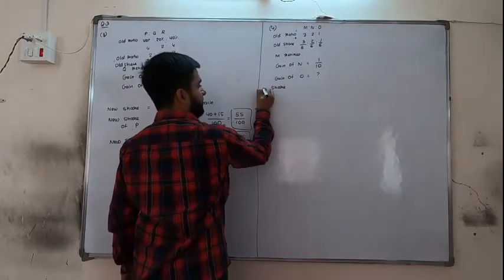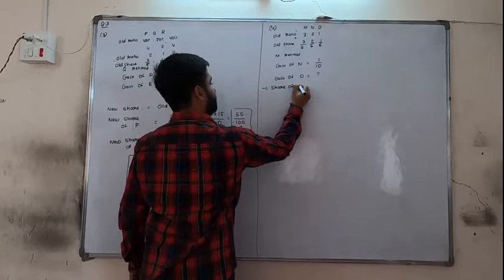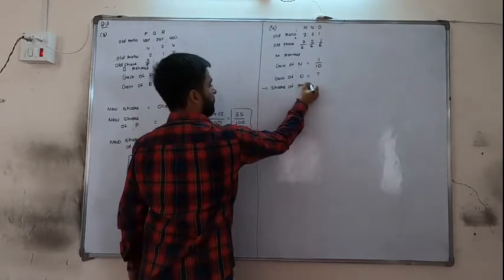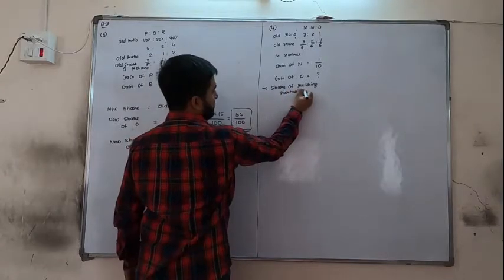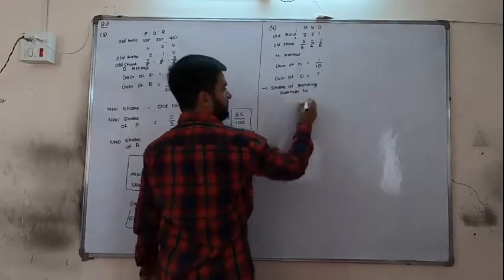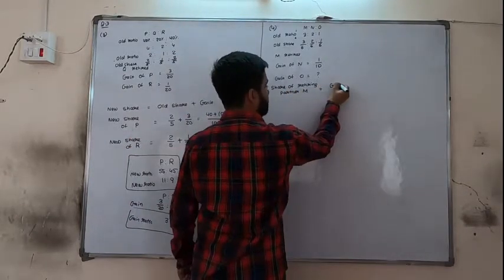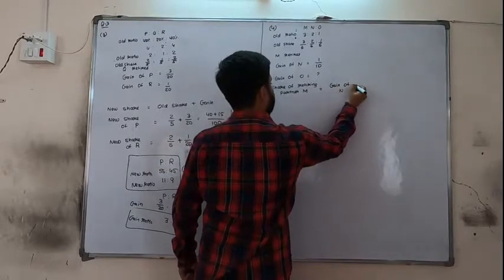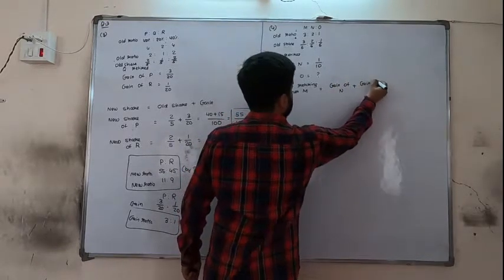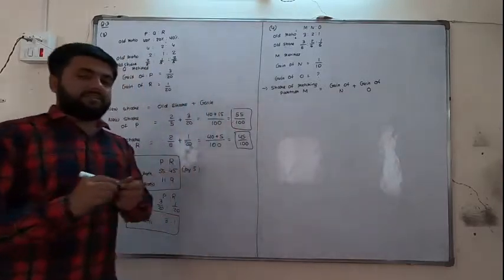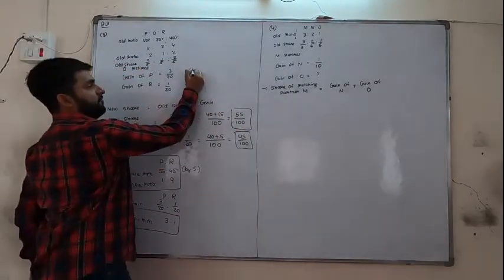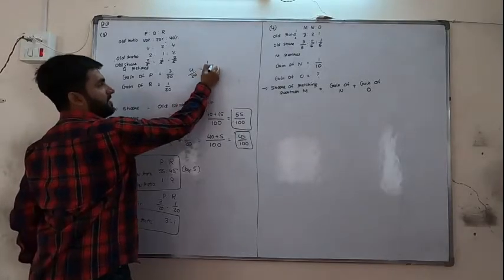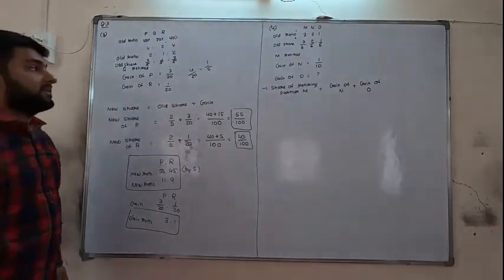Which formula? Share of retiring partner. Who is retiring? M. Share of retiring partner M is equals to gain of N plus gain of O. As we have done in this sum. See, if you are adding both the gains, then you will get 4 by 20. And if you are cutting 4 by 20, you will get the retiring partner's share.